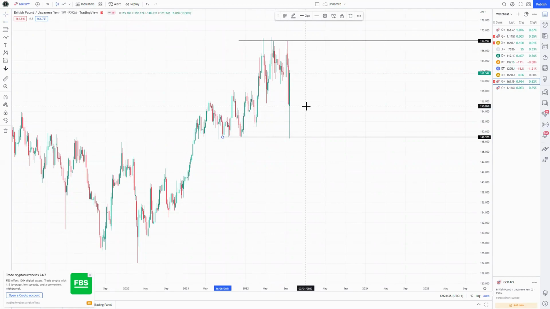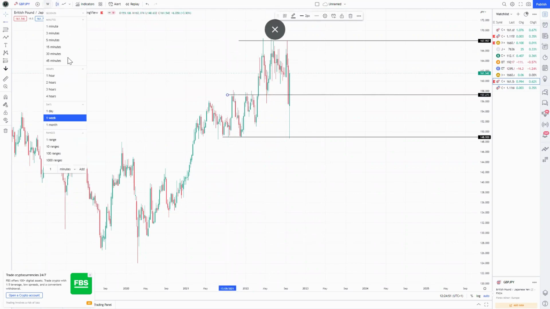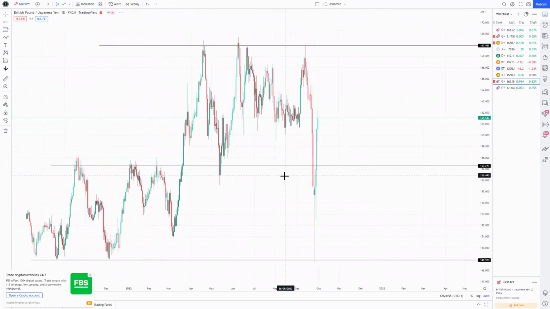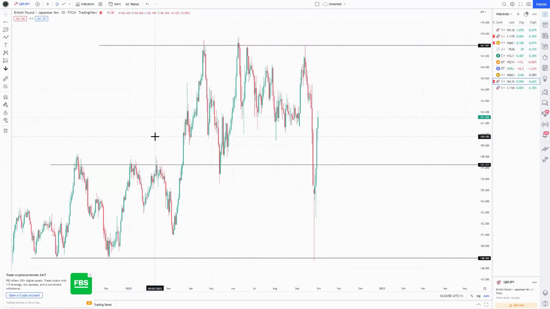So these are just the main points you should pay attention to presently on GBPJPY because that's where it's happening. So let's go to the daily time frame. Okay, let's just go to the 4 hour time frame again.